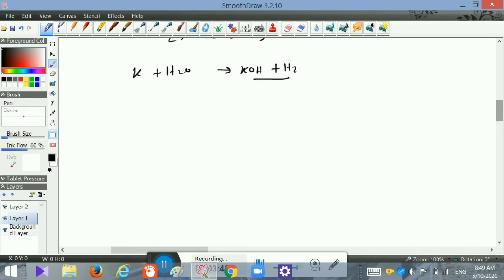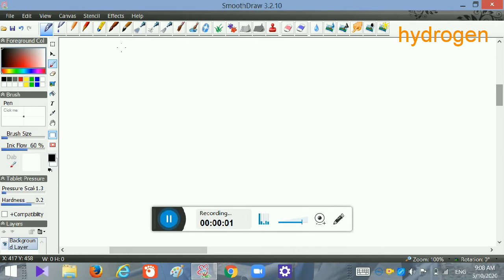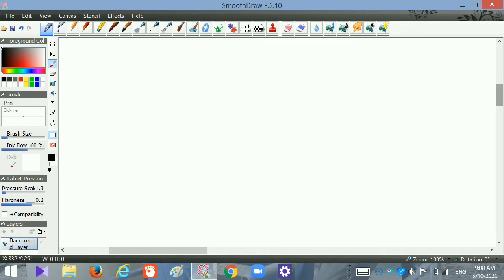Now we will learn the second method. Second method is, now we will learn the second method to prepare hydrogen gas. See, hydrogen gas can be prepared by hot water.